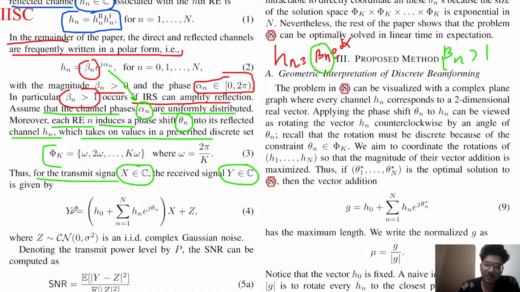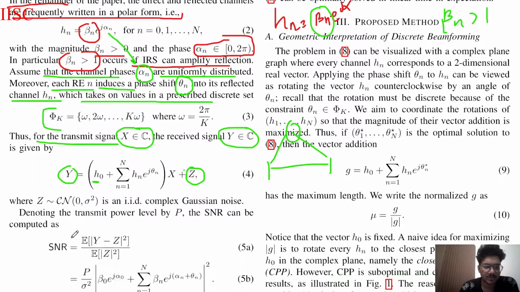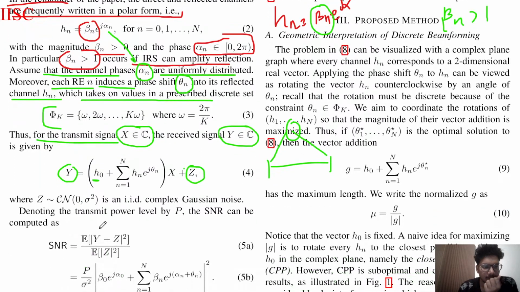The received signal is equal to the direct gain from the transmitter to the receiver, this one is the direct term, plus the summation over n of the signal reflected from the IRS elements, with all the phases. And Z is a noise, a complex Gaussian noise.